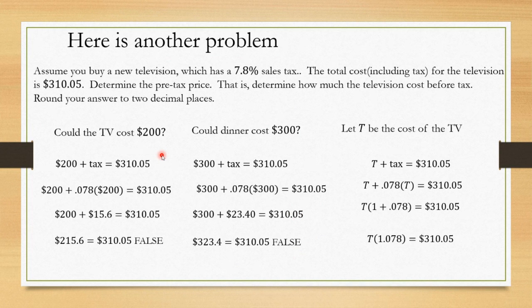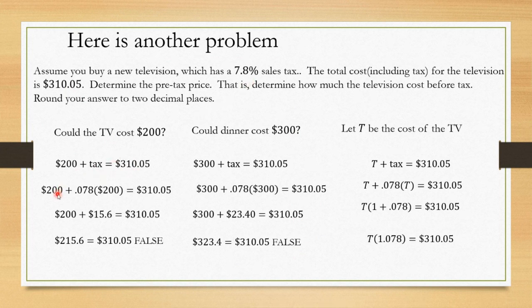So, could the TV cost $200? Well, if it was $200, then what we're saying is $200 plus the tax would have to be $310.05. That's if the TV was $200. Now, what is the tax though? It's 7.8%.